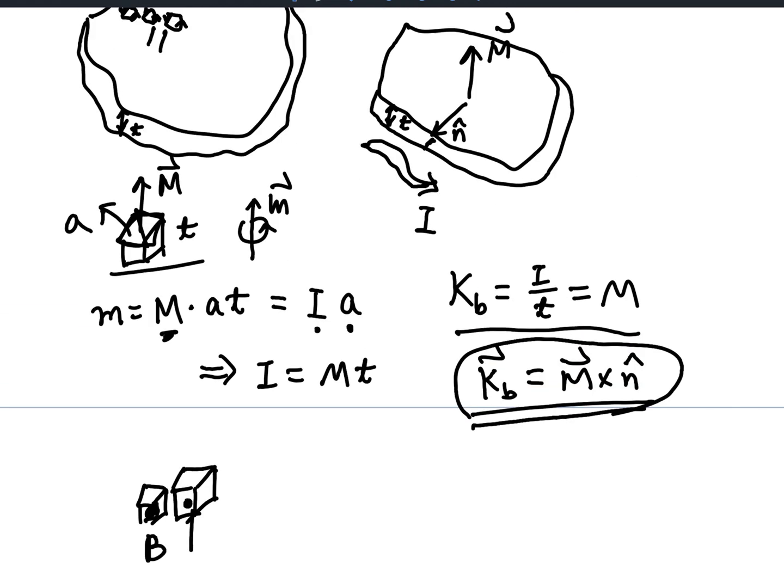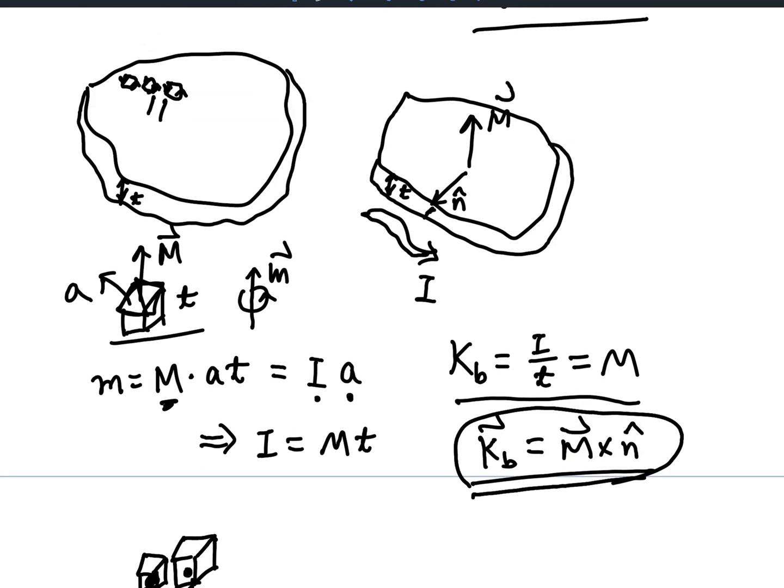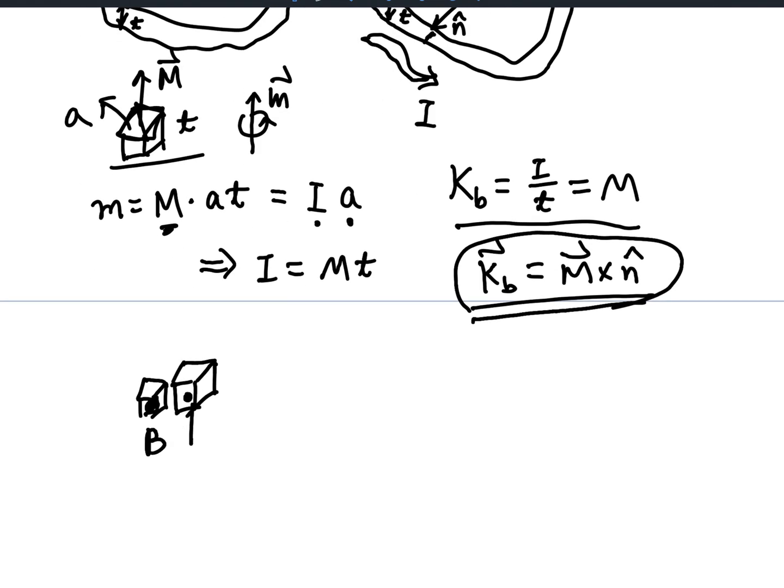Previously we assumed the neighboring loops would cancel. In this case, because the field is different, the currents will not cancel. The two adjacent chunks of magnetized material, at the surface where they join, will not cancel with each other, and there will be a net current.